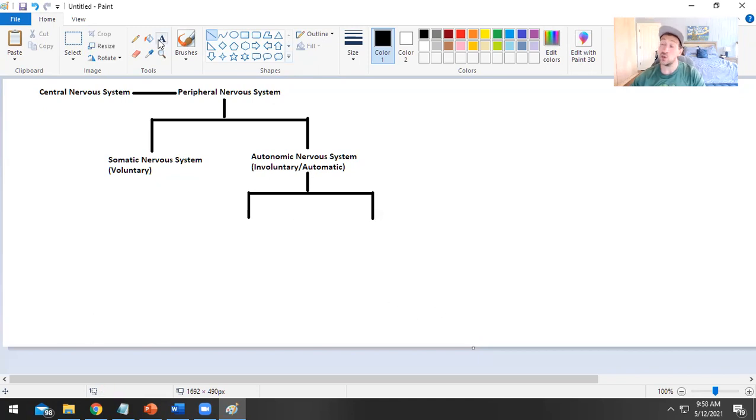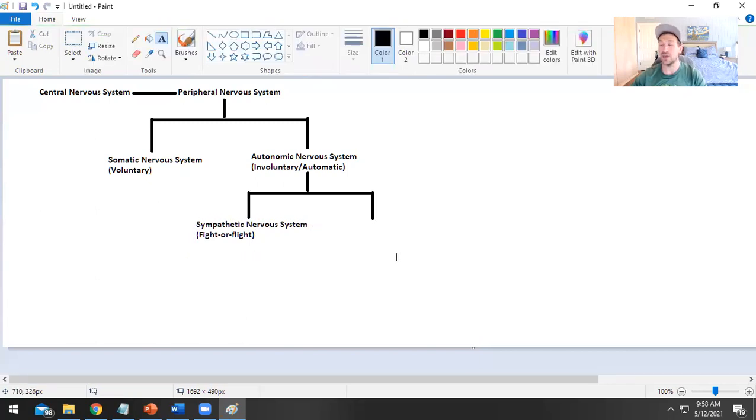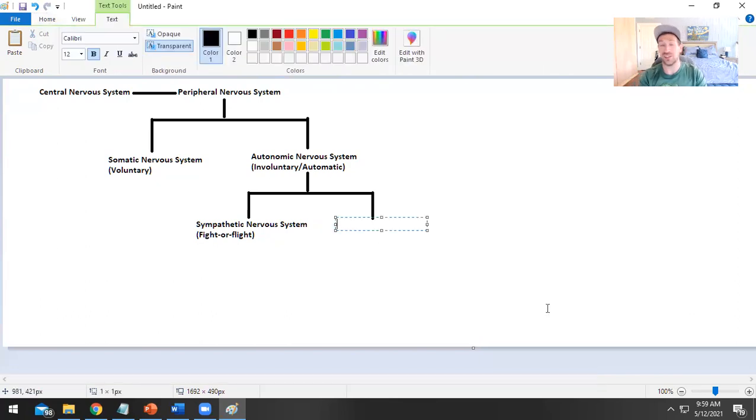And that's where we've got two more divisions here, which is going to be your sympathetic nervous system, which is more commonly called your fight or flight system. This is the system that kind of freaks out about stuff, right? If you get very nervous about something, that is your sympathetic nervous system. You don't really have much control over that sometimes.